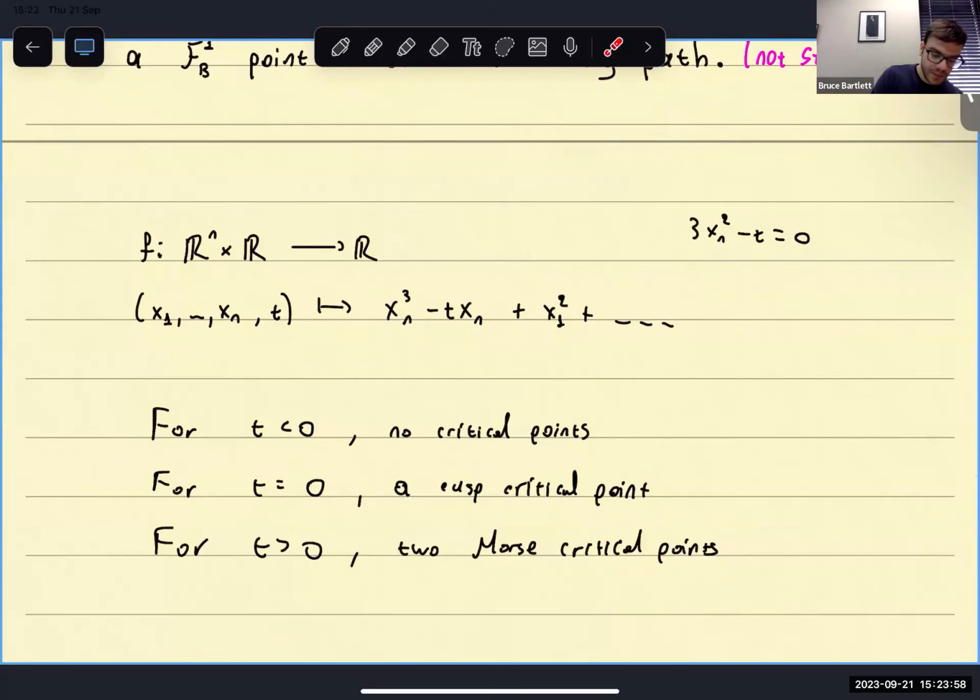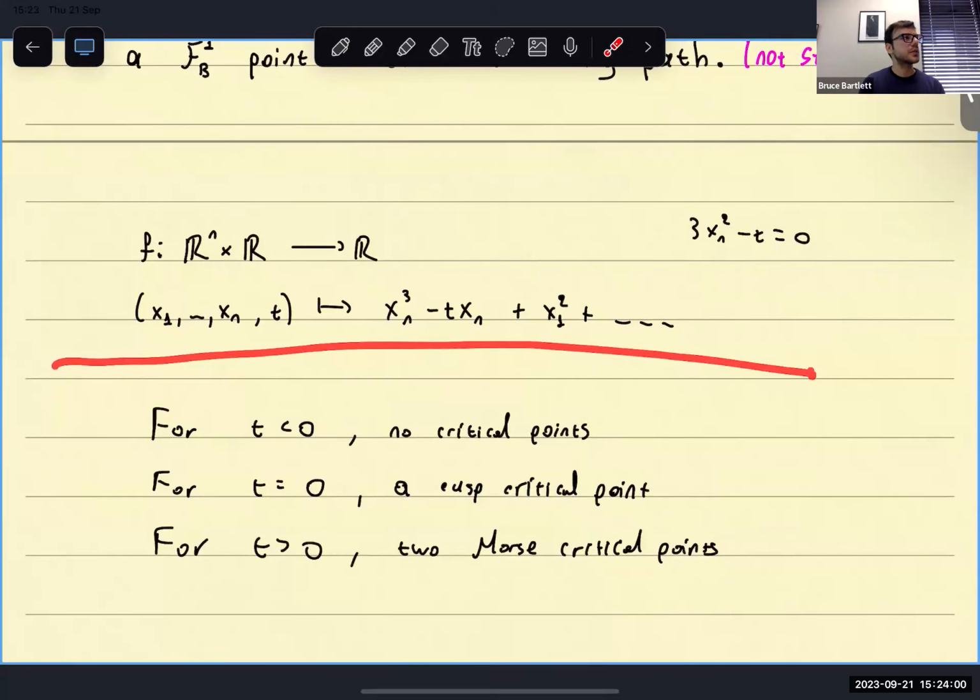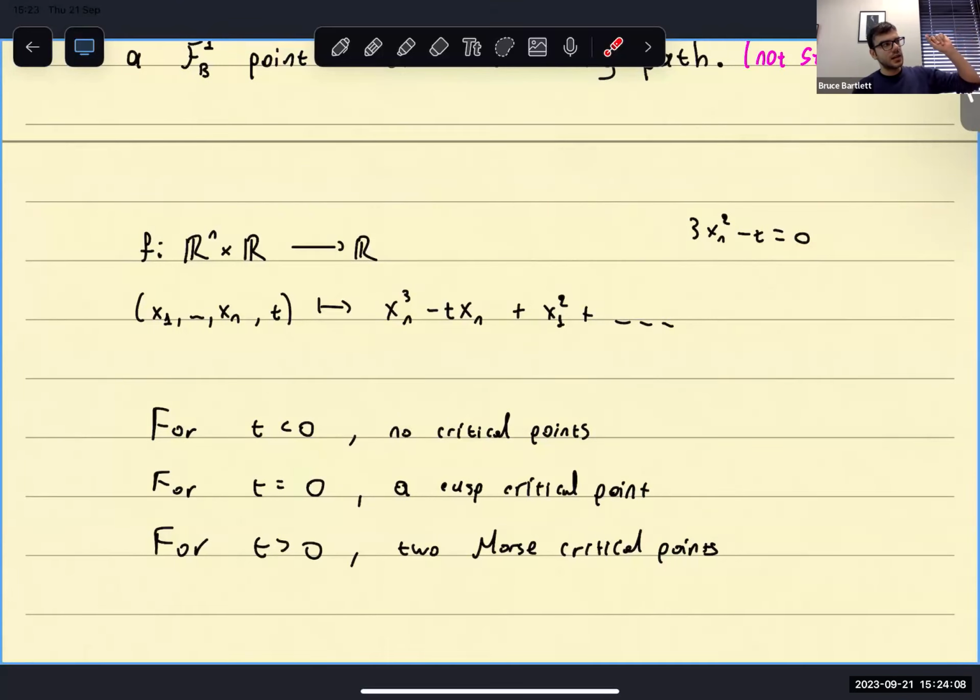So we have this path of functions, and this path starts with a function with no critical points. It gets to a cusp, and then the cusp gives birth to two critical points. So this is a path that gives birth to two critical points, and you can run this path backwards.